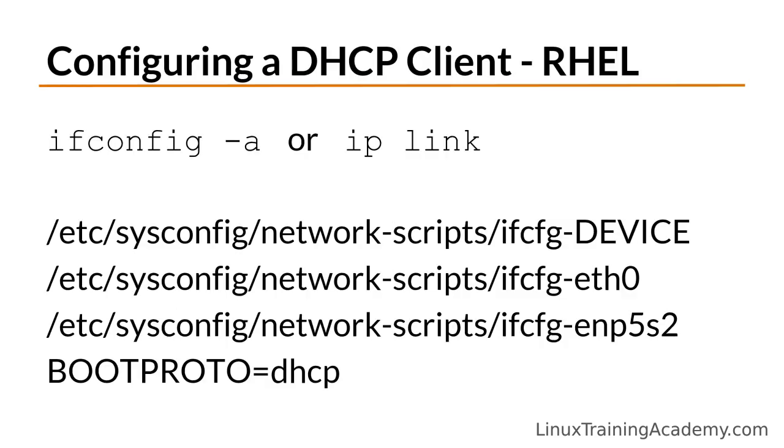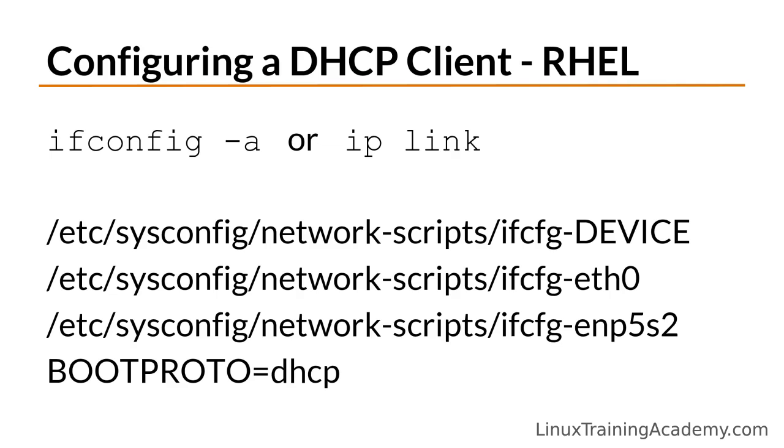To configure a Red Hat-based system as a DHCP client, edit the network device configuration file located in the /etc/sysconfig/network-scripts directory. The name of this file will be ifcfg-network device name.